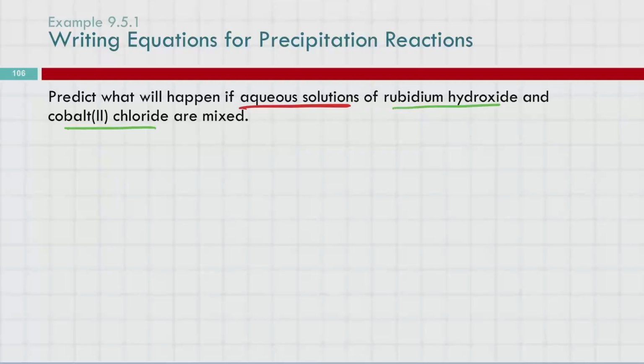So rubidium hydroxide and cobalt-2 chloride are our chemicals. Rubidium hydroxide is Rb+ and OH- mixed together. We've got 1 plus, 1 minus, so those two go together in a 1-to-1 ratio, RbOH. It's aqueous.